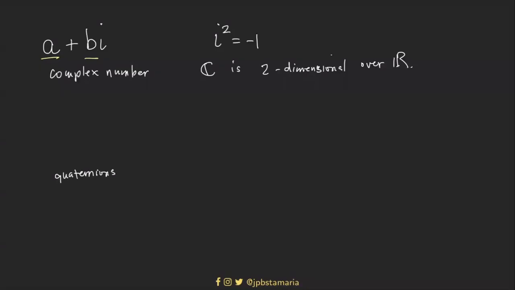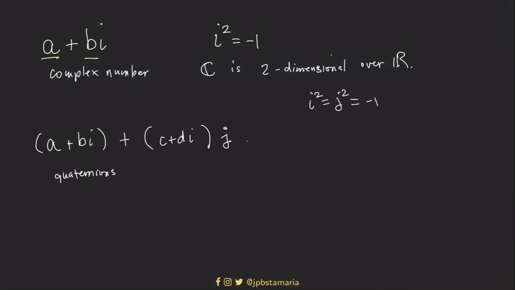Kapag sinabing quaternions, meron tayo sa math na tinatawag ng mga quaternions. Ang quaternions, extended complex number siya. Para kang meron ka ngayon dalawang complex number, gagawa ka ng another imaginary unit na J, iba siya sa I, pero still ang I squared at J squared gusto natin ay -1. Mga imaginary units, okay?